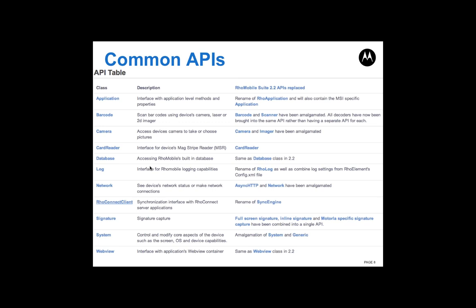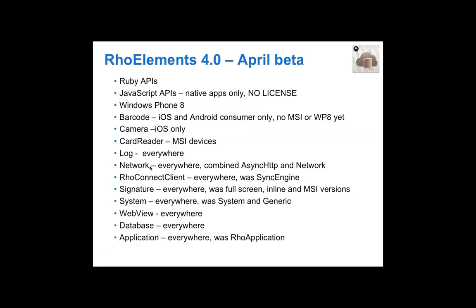You could have all of those options within a single API, and that's now called signature. There's a system API, very similar to the old one, although there were some calls in the generic API that have been merged into that. And then WebView is very similar again to the WebView class in 2.2.